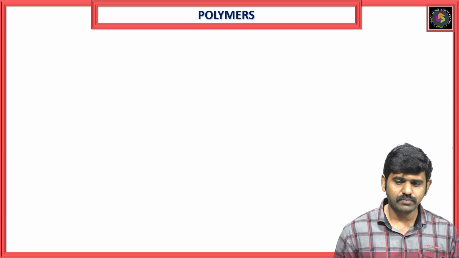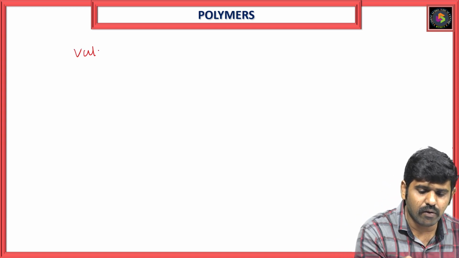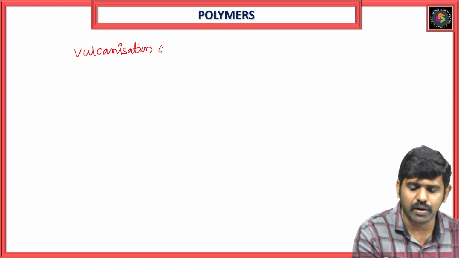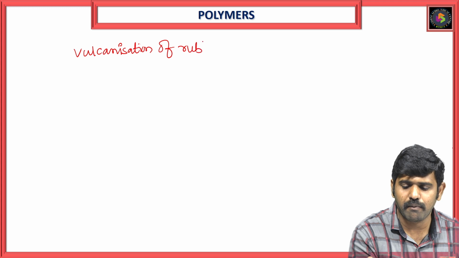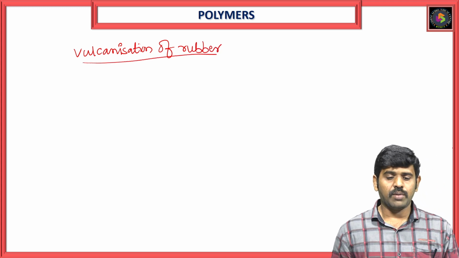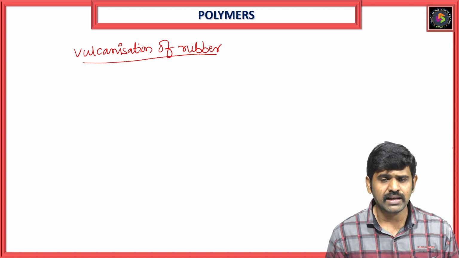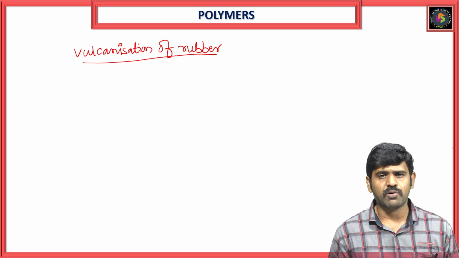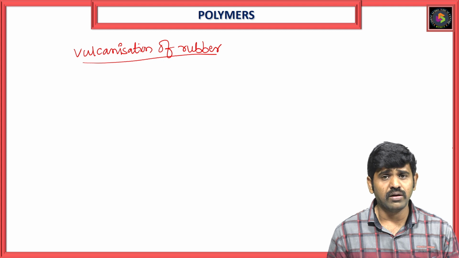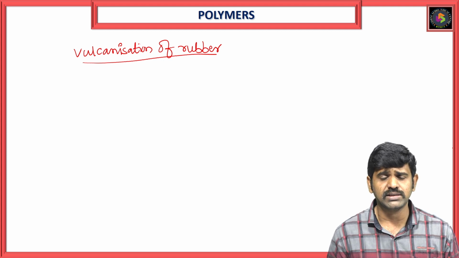Next, vulcanization of rubber. Now coming to vulcanization. Vulcanization is the process of heating raw rubber with sulfur at 100 to 140 degrees centigrade.